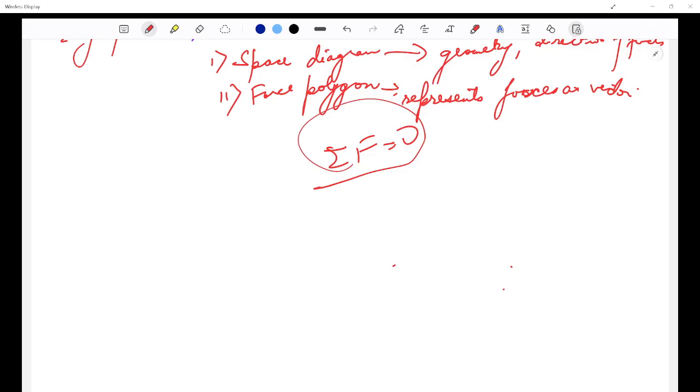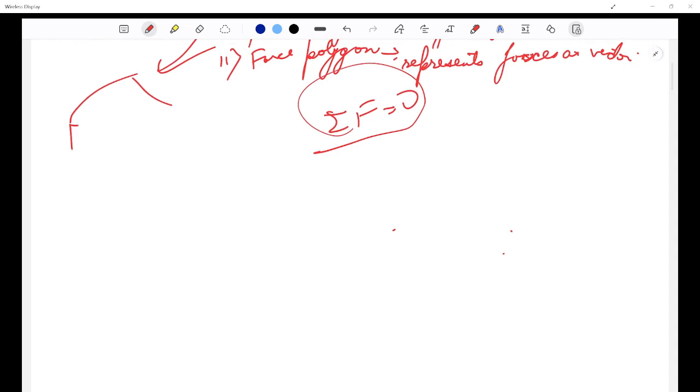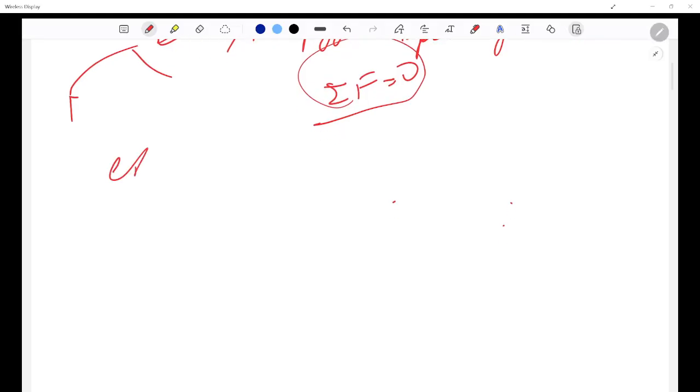So the advantages of the graphical method that we had was it was good for visual understanding. It was simpler for planar mechanisms, and it was useful in teaching, but accuracy mainly depends on drawing precision. Okay. What is analytical force analysis?